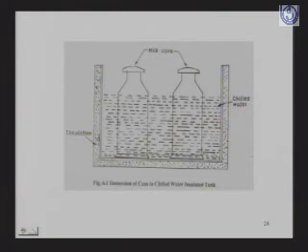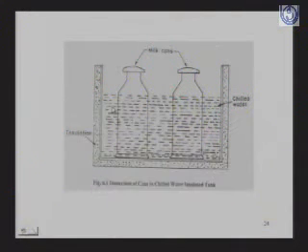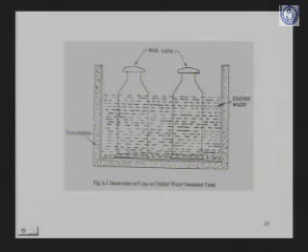What does this insulation do? Insulation ensures that the outside temperature will not affect the temperature inside, because this water is at low temperature, and the outside temperature is high, so insulation sees that the high temperature doesn't affect the inside temperature of the tank. And we put the milk cans.